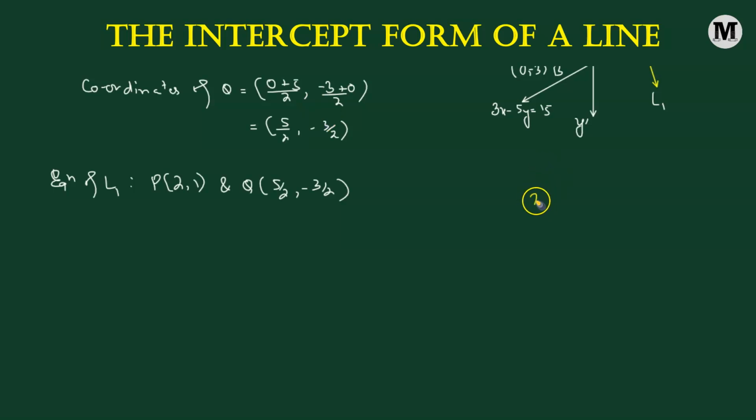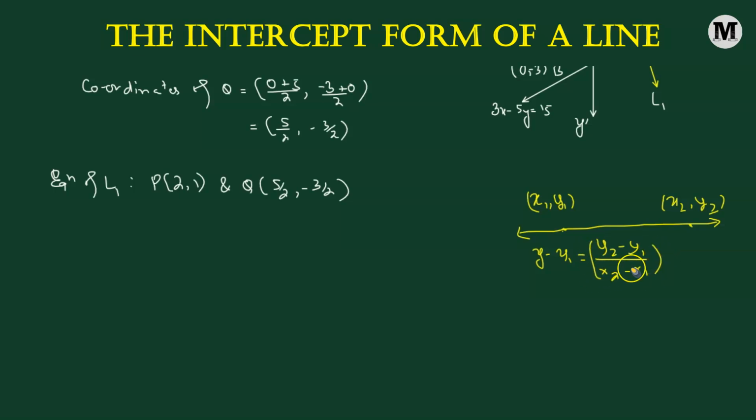If we have two points x1, y1 and x2, y2, and a straight line passes through these two points, then the equation of that line is given by y minus y1 equals y2 minus y1 divided by x2 minus x1, whole multiplied by x minus x1.